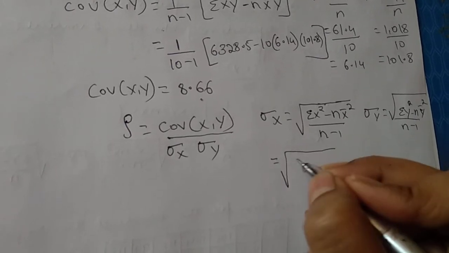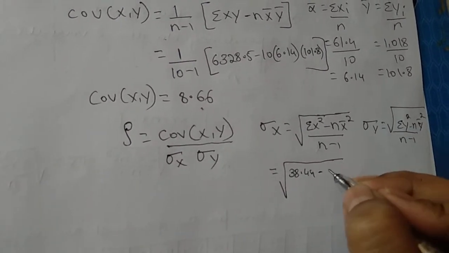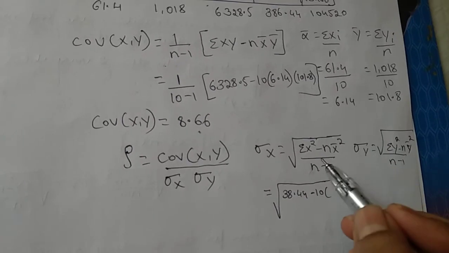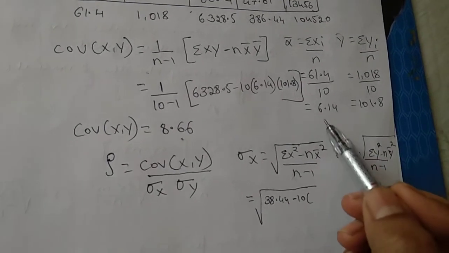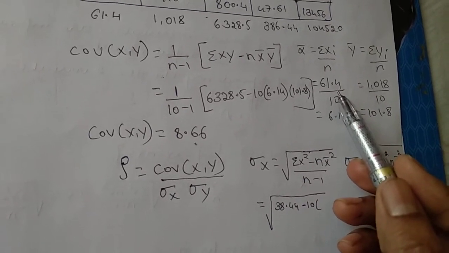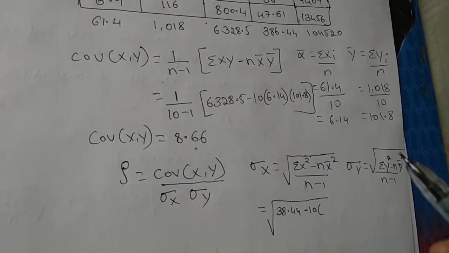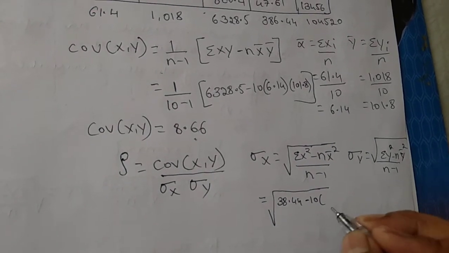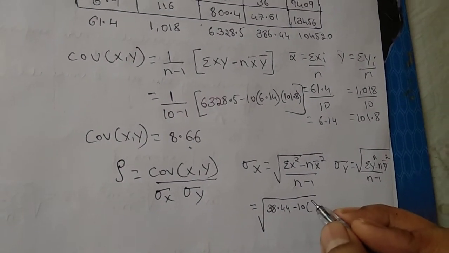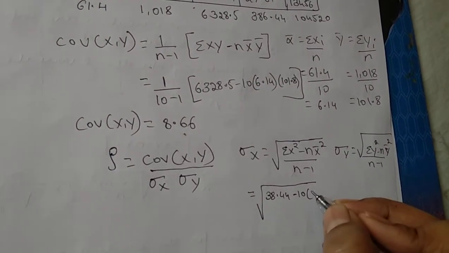So square root of 386.44 minus 10 into x bar square. We know x bar value is 6.14, if you take the square of that one, we'll get 376.99.